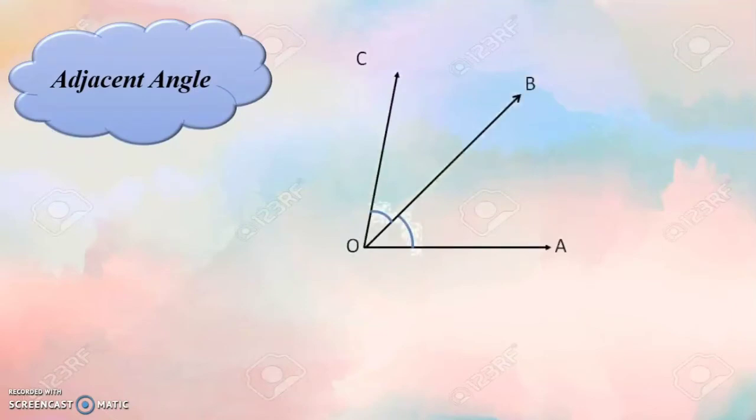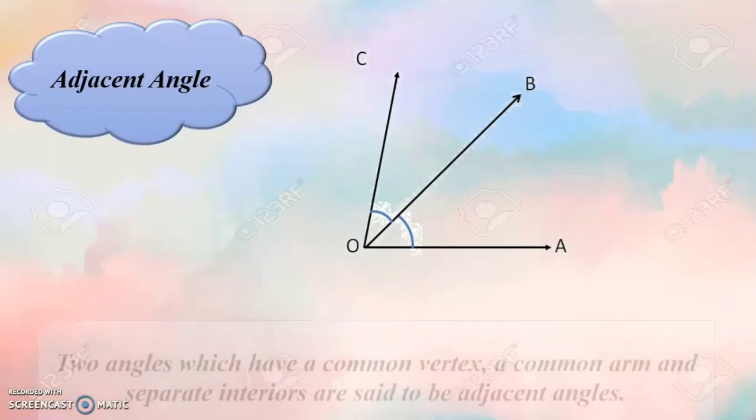We have an angle COA which is divided into two angles. One is angle COB and the other one is angle BOA, which has a common arm OB and a common vertex O, with separate interiors for angle COB and angle BOA.